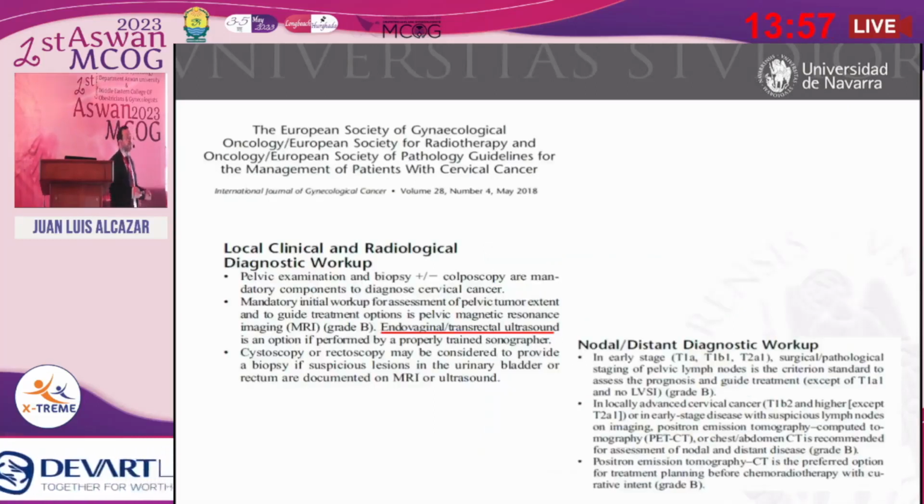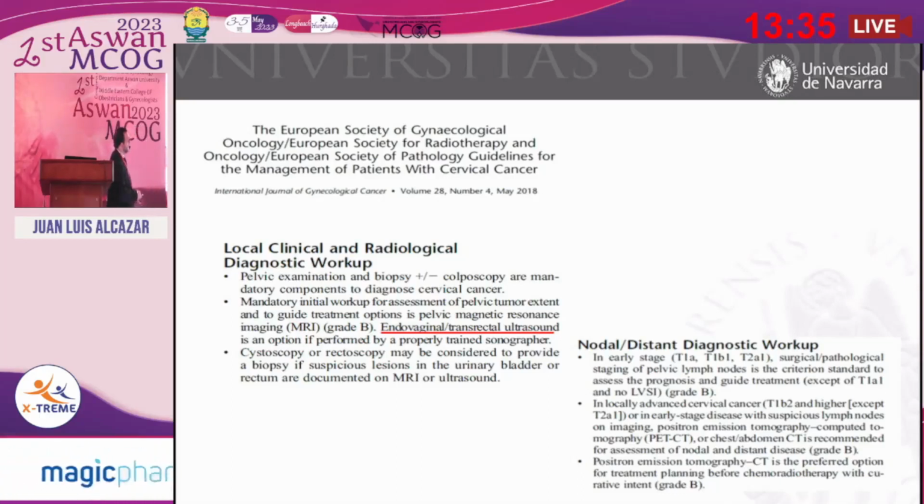And this is why in the latest guideline of the ESGO, it appears that the endovaginal or transrectal ultrasound is an option instead of MRI for local staging of cervical cancer.